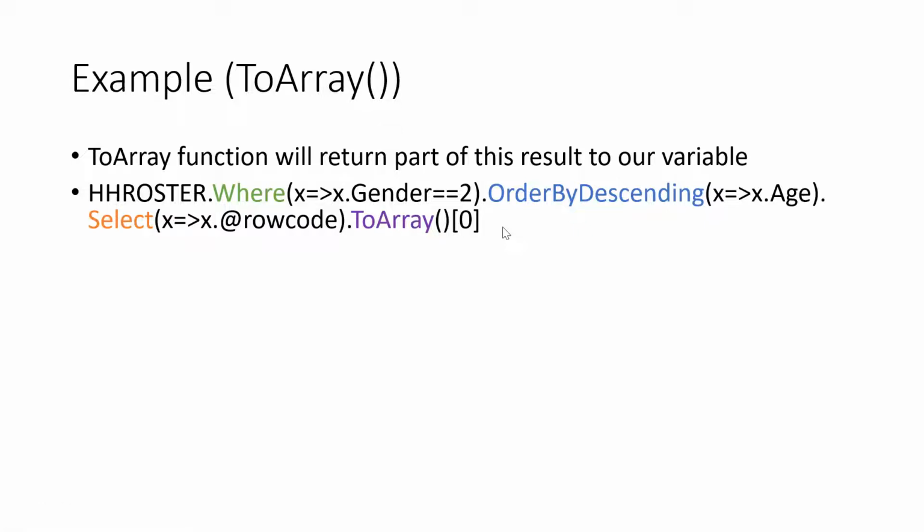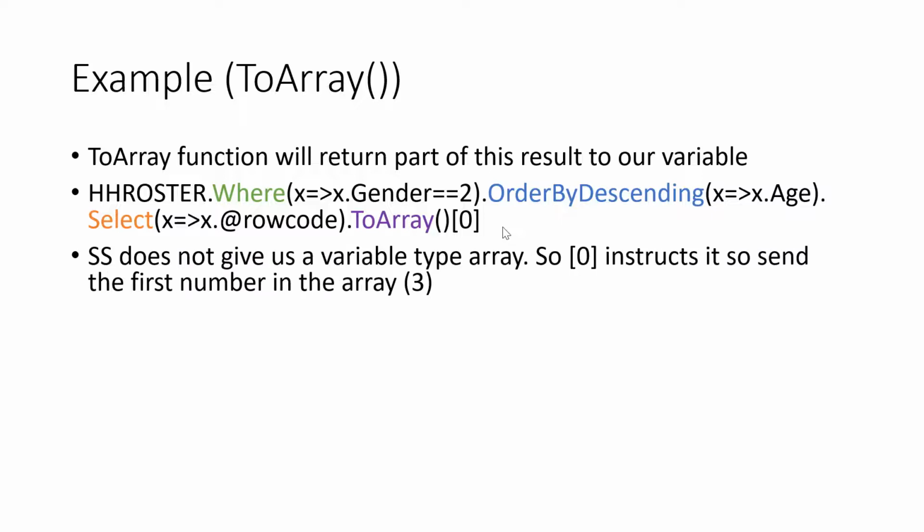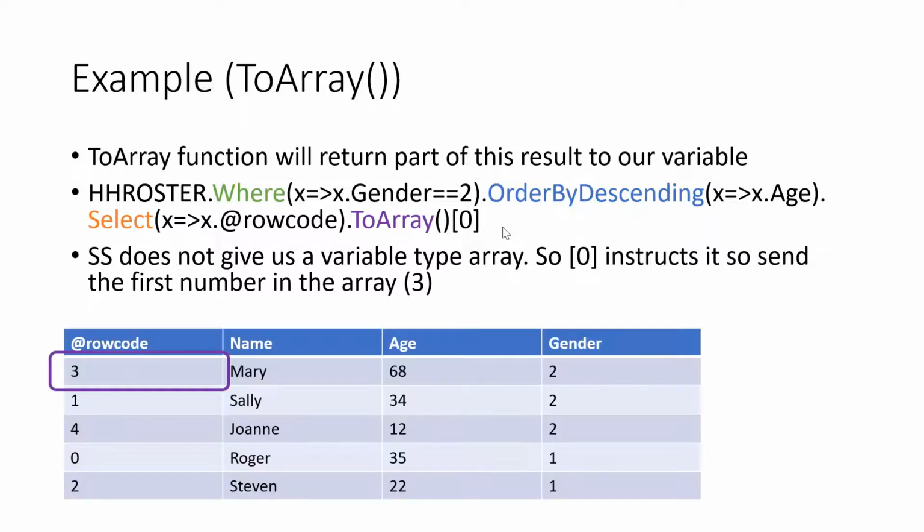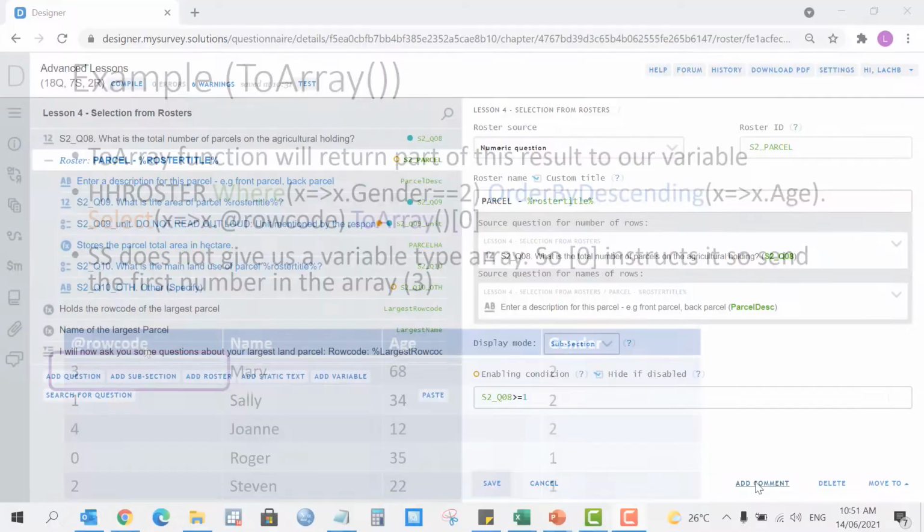So an array always starts with the position 0. As we said, we don't have an array type variable in Survey Solutions. We'll be working with a long integer. So the 0 is telling us to send out our first number in the array, which is in fact number 3, the row code of the oldest female.